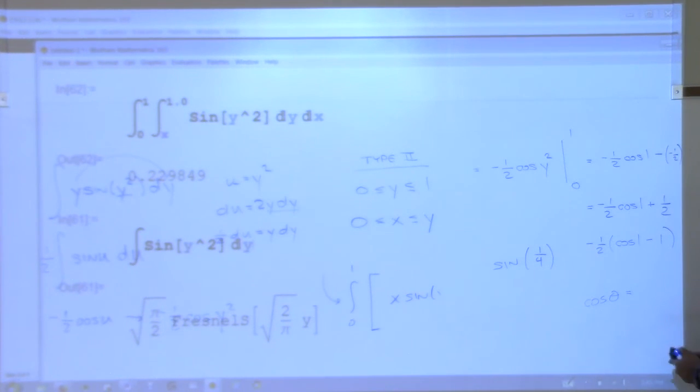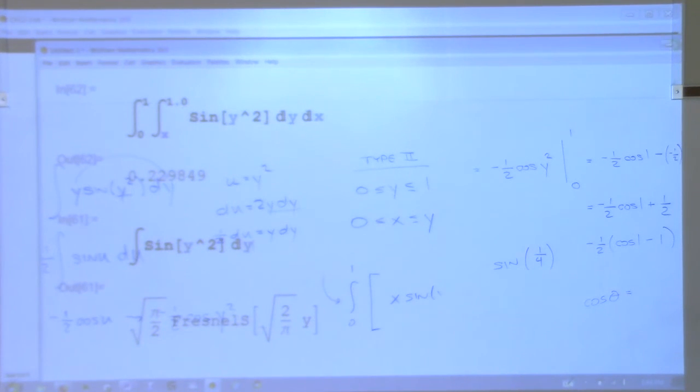I have to make sure that I'm in radian mode on my calculator, which I am. So I'm going to do this one right here. Cosine 1 minus 1, and then divide that by negative 2.0. Yeah, it's the same thing. Okay, so we got the same answer.